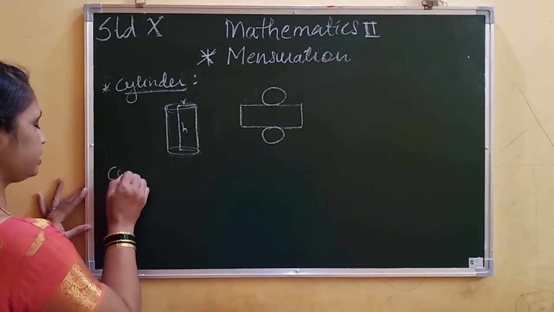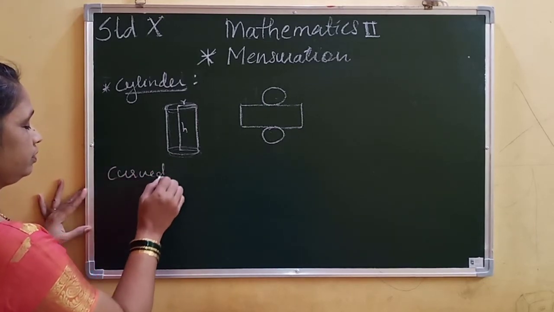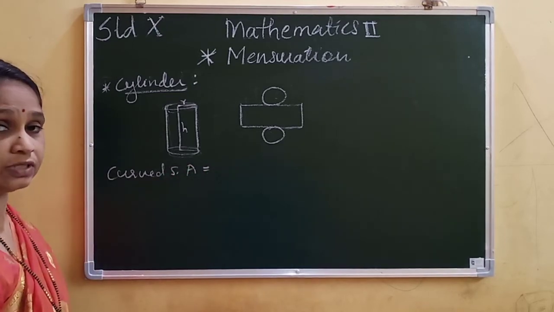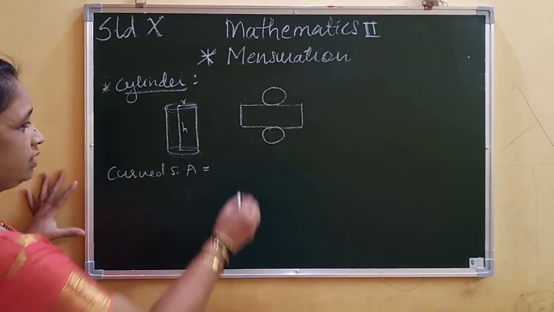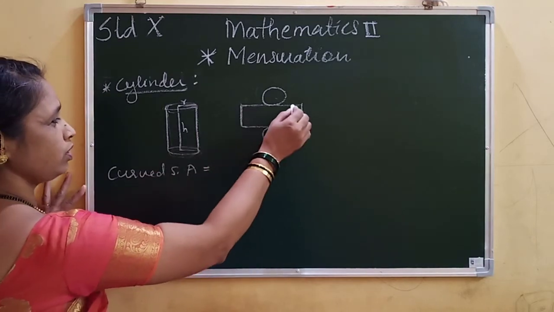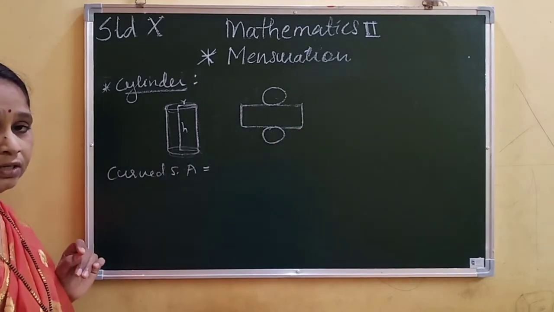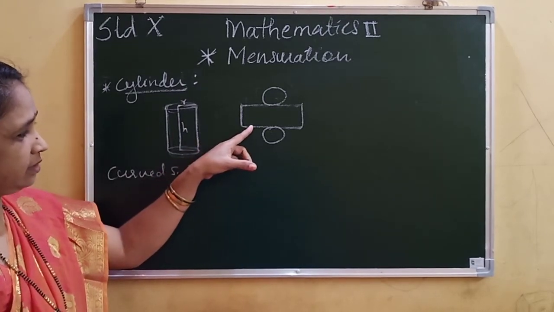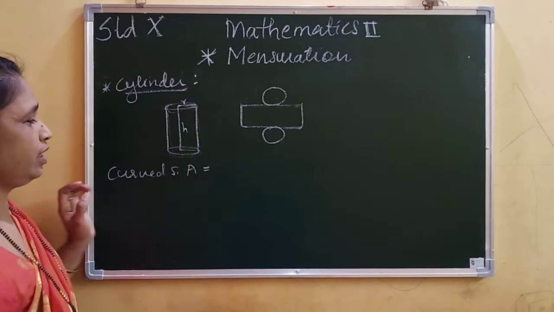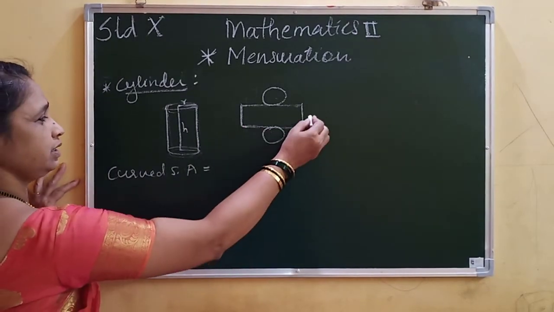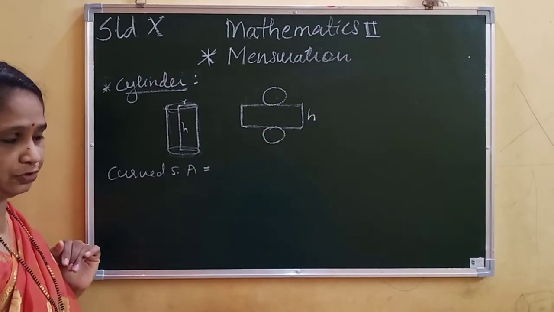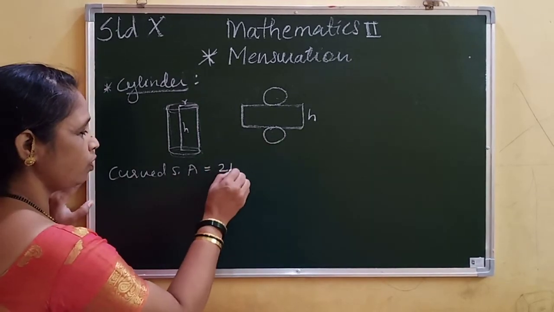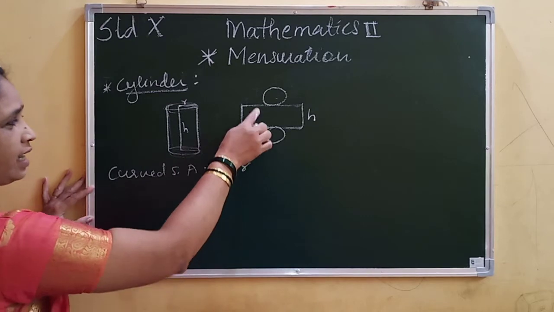So what will the curved surface area of the cylinder be? It is in a circular manner, and this height is h. The curved surface is 2 pi r, meaning pi r and pi r.